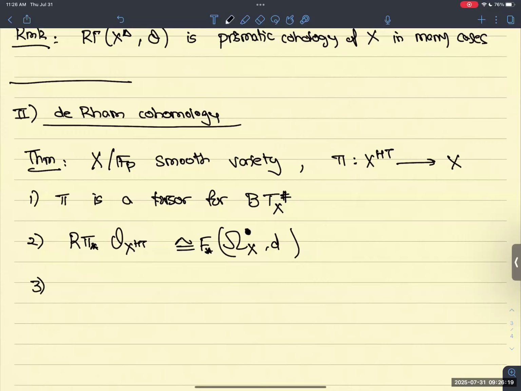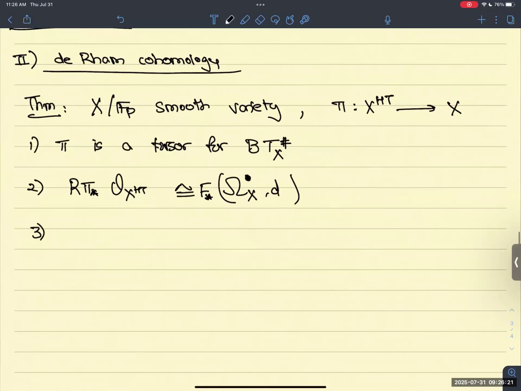And then finally, I also want to tell you what quasi-coherent sheaves look like, at least what perfect complexes look like. You can ask, is there a good description of perfect complexes on X Hodge-Tate? The previous answer suggests that if the unit object corresponds to the de Rham complex, then maybe this should have something to do with D-modules.